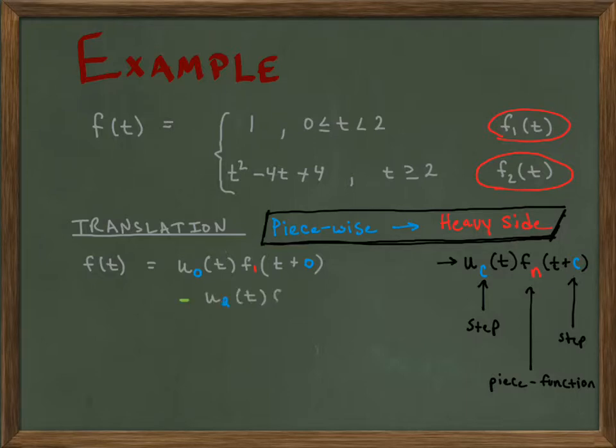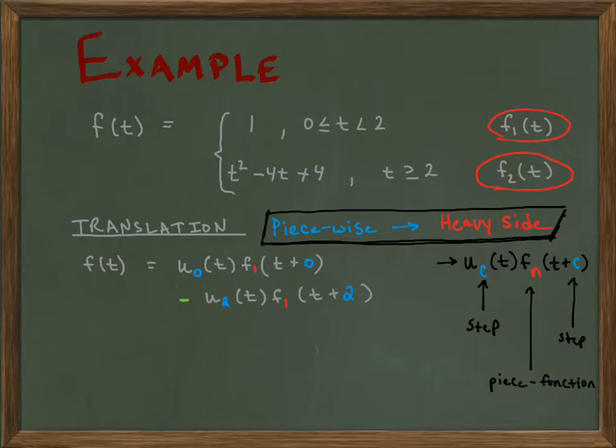Well, this is interesting because now we actually have to take f1 back out of our function. The reason we do this is because f of t equals 1 when t is from 0 to 2. But it doesn't equal 1 when t is greater than or equal to 2. If t is a trillion, f of t doesn't equal 1. It equals t squared minus 4t plus 4.